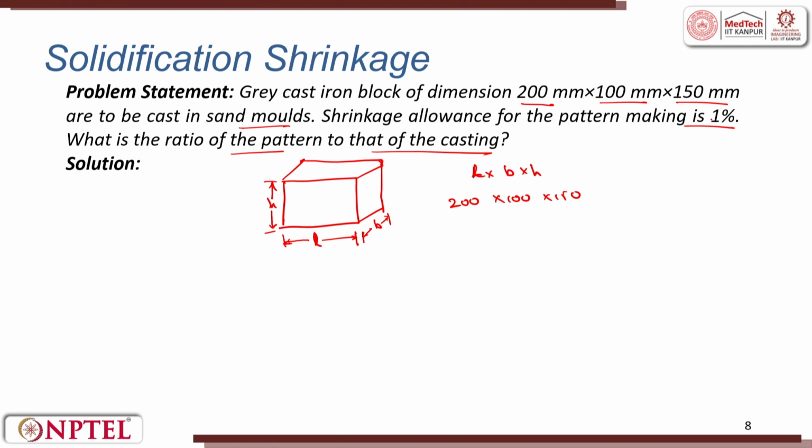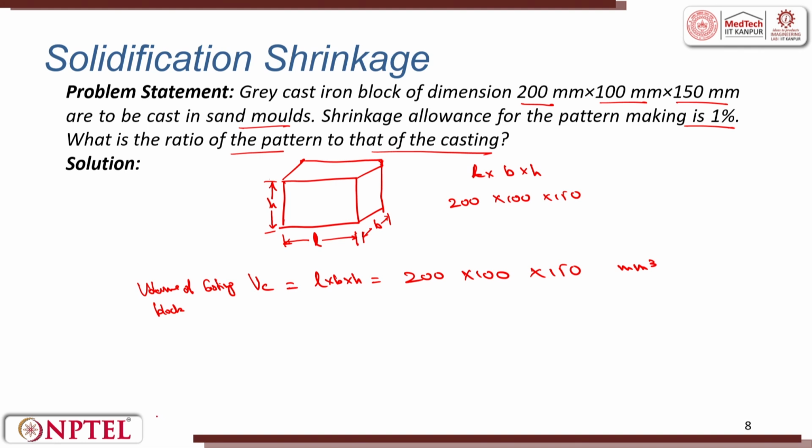So, simply, the volume of the casting block is length into breadth into height, which is 200 into 100 into 150 millimeter cube.